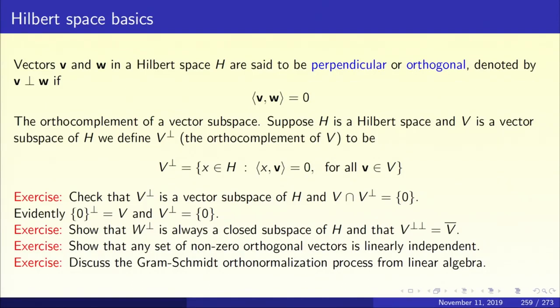Finally, you will also need to recall the important concept of the Gram-Schmidt orthonormalization process from linear algebra. So, when I give you a set of vectors v1, v2, up to vk, how do you orthonormalize it? That procedure is called the Gram-Schmidt process in linear algebra.